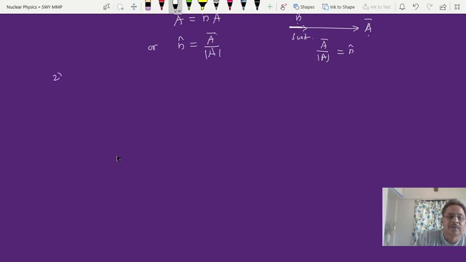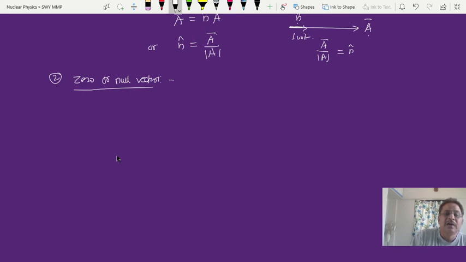Second property is called the zero vector or null vector. Very simple things, we are not doing anything new here. What is this zero vector or null vector?